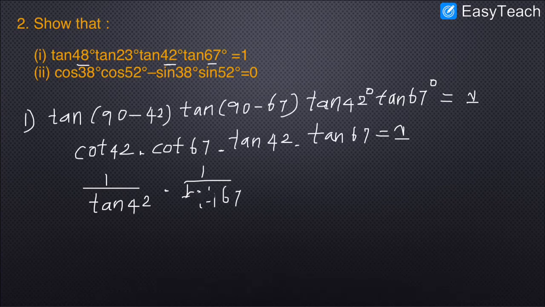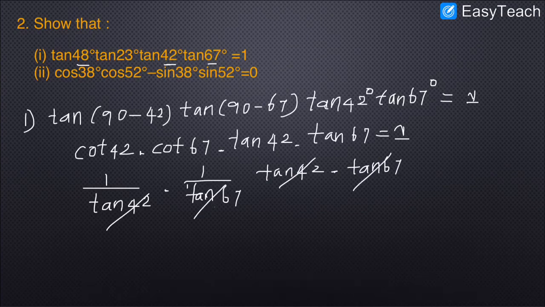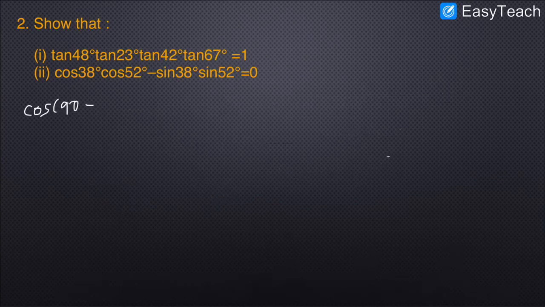Let's do the second question. As cos 38, I write cos 90 minus 52. For cos 52, I write cos 90 minus 38. So the remaining is the same, sin 38 and sin 52 equals 0. So here cos 90 minus 52 is sine 52, and cos 90 minus 38 is sine 38.